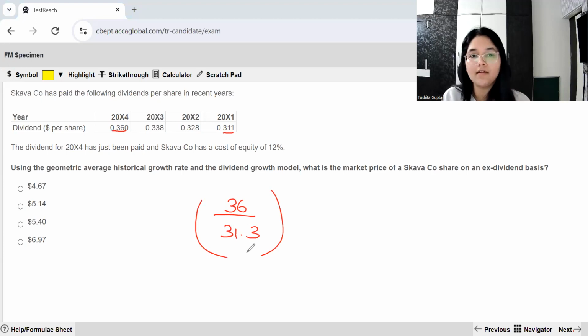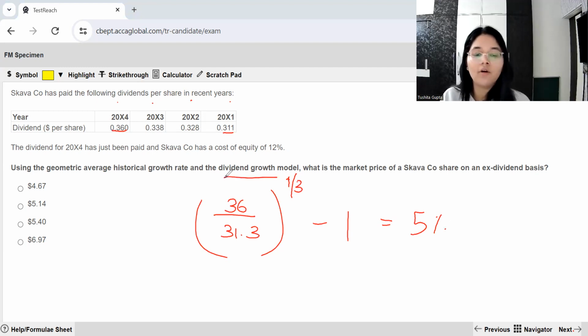N is the number of years that I'm taking. So 1, 2, 3, 4. These are 4 years. 4 minus 1 is 3. So I will raise it to the power of 1 by 3 and subtract 1 from the overall figure. This will give me my growth rate. If you work this out, you will get your answer as 5%. So this is my geometric average historical growth rate.